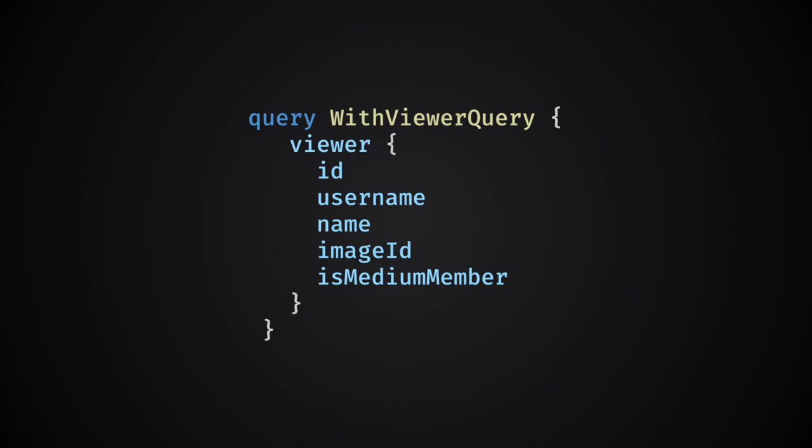Given that we aren't using a different query in each component that needs different fields on the viewer, and given Apollo's caching behaviors, we can be confident this component will only hit our GraphQL server once, and that's once from server-side render across navigations within the single-page application, because we're passing our in-memory cache from the server to the client.